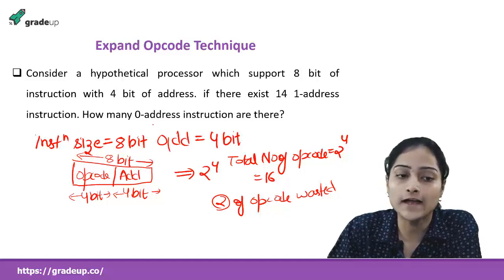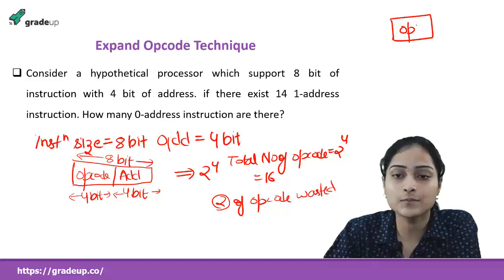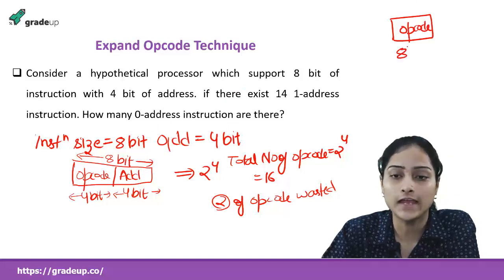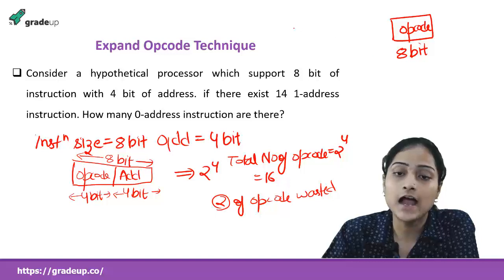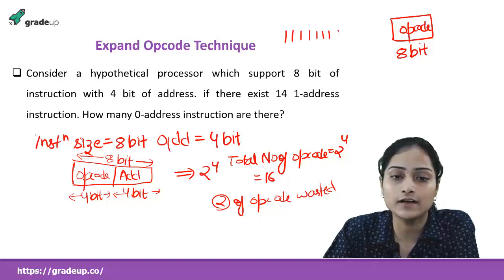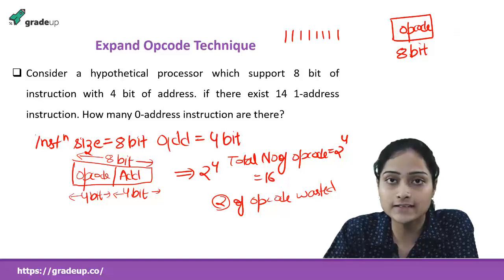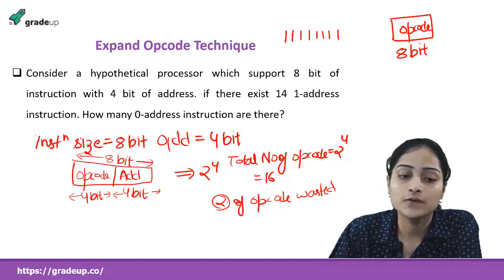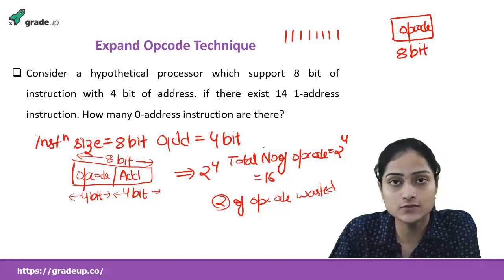Now I have to find the zero address instructions. For it to be a zero address instruction, my opcode size will be 8 bits. If you remember the last example, I took one opcode as 8 ones and used it to make a zero address instruction. But here we have 2 such opcodes which are free, so I can use 2 of them.